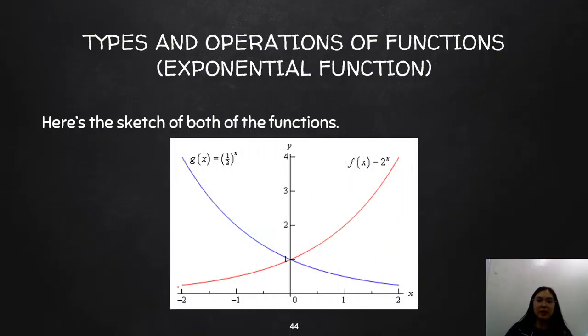So yan, kapag i-graph nyo na siya, the red line is actually the graph for the function f of x is equal to 2 raised to x, and the blue line is the graph of g of x is equal to 1/2 raised to x. So pag mag-graph kayo, you just try and place values in the graph para po ma-graph nyo po siya.